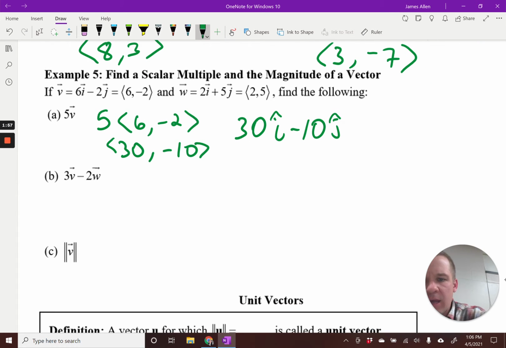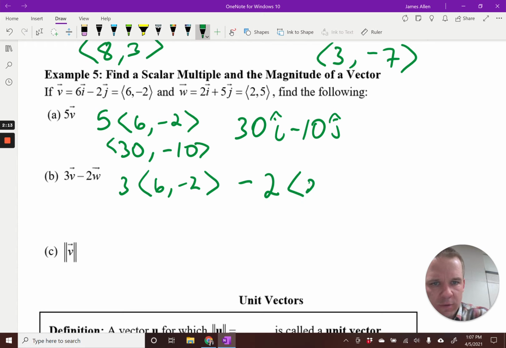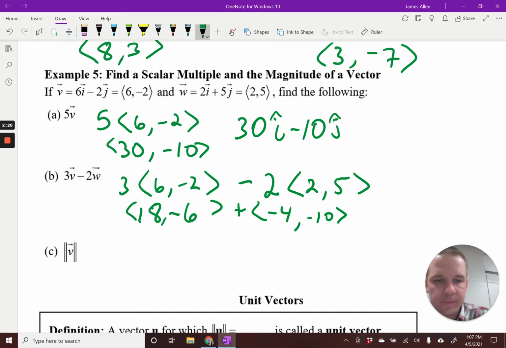So we have a little combo action. We have the scalar multiple and subtraction. So I have 3 times 6, negative 2, and then minus 2 times 2, 5. Now, the way I'm going to deal with this is, instead of 18 and then negative 6, I'm going to go with addition here and distribute this to be negative 4, negative 10.